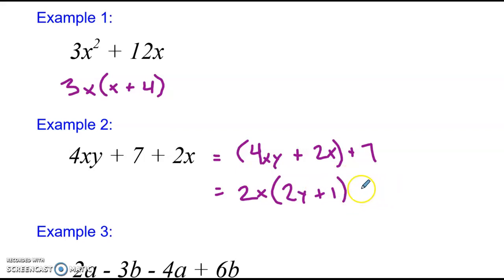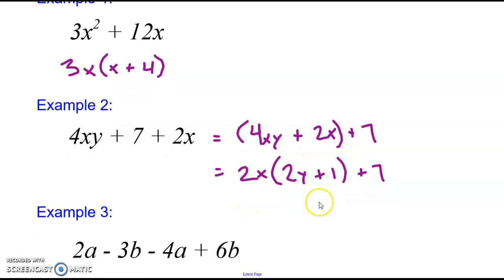And then I have the plus 7 here. Now you can't simplify this any further. Don't go try adding the 1 and the 7. This 1 is trapped inside the parentheses and it's part of this product. But you can see here that we did factor it somewhat just by grouping these terms and then factoring out the 2x.